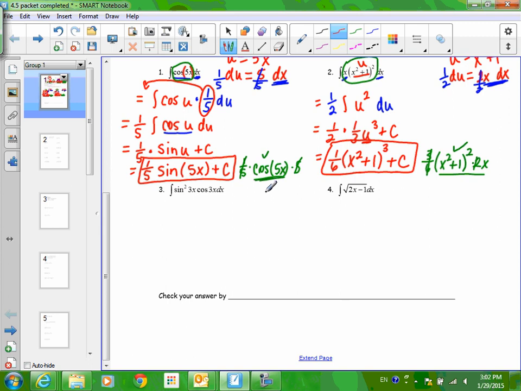And I'm going to move this over a little bit here. So then we're like, well, what is u? It's not 3x. I like your idea of sine squared, but could we rewrite something in parentheses? Like, see how that sine squared 3x? Could we rewrite it as this? So u is sine 3x.